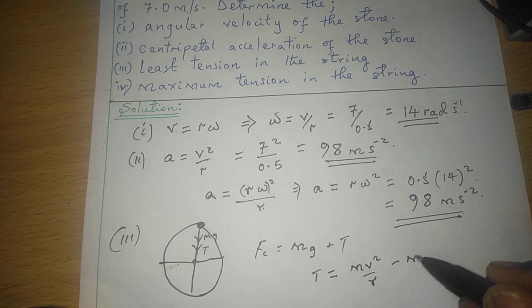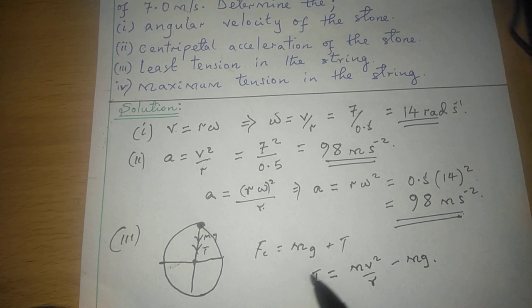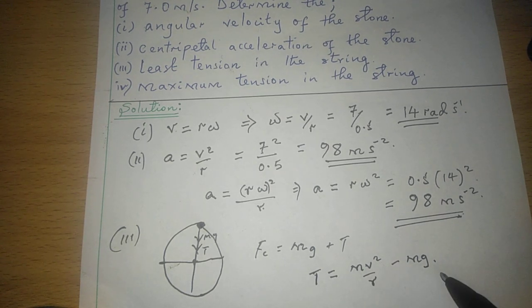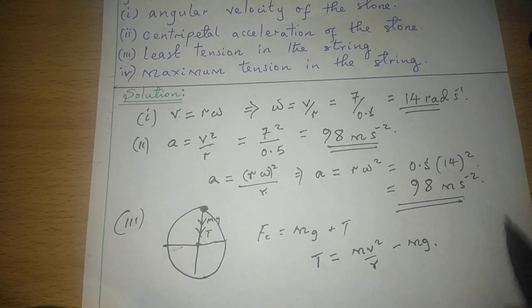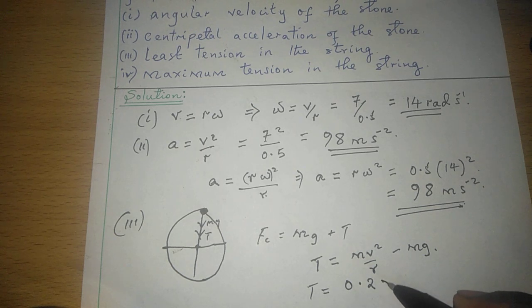We subtract mg. So the minimum tension is found at the top, whereby we get the difference of centripetal force and weight of the stone or whichever object it is. Therefore the tension is minimum when we take a mass of 0.2 kilograms as given in the question times v squared out of r, 0.5.